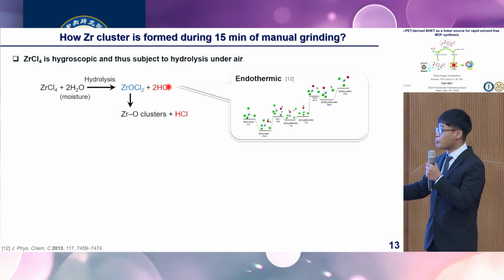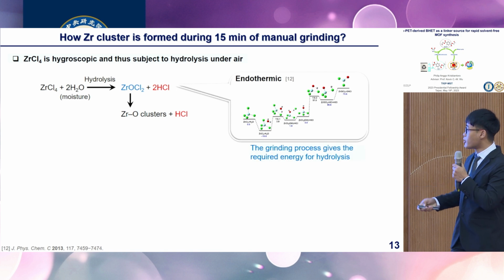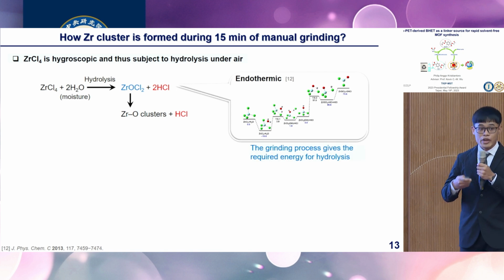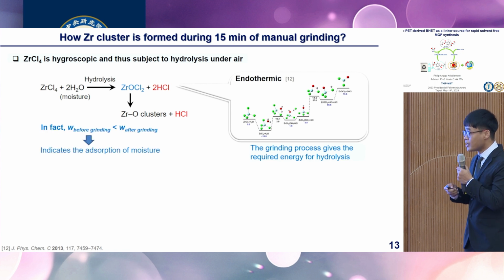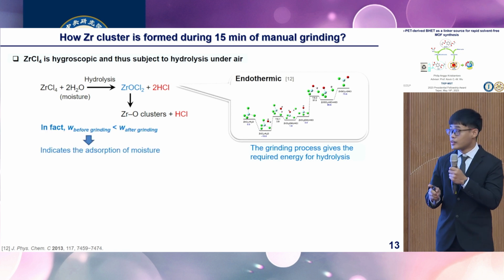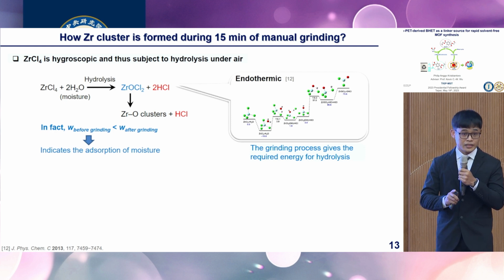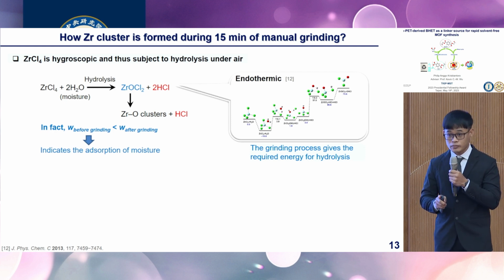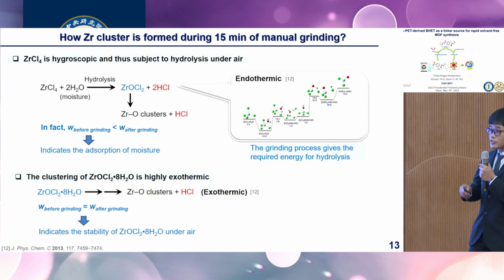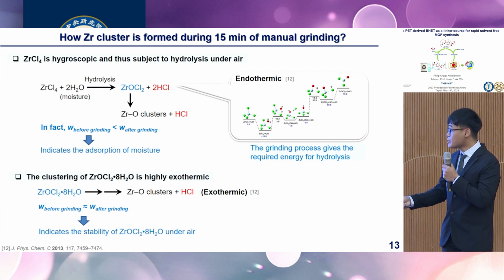And although it is reported that this reaction is endothermic, the grinding process may give the required energy for the hydrolysis. Again, this is supported by the fact that the weight after grinding was always higher than the weight before grinding, indicating the absorption of moisture. Meanwhile, in the case of zirconyl chloride octahydrate, it can be easily converted into zirconium cluster because this reaction is highly exothermic.